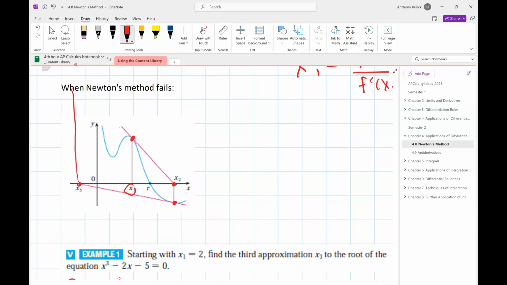Okay. So let's look at doing this process now specifically. We've talked about the formula. We've talked about how the process works. Let's actually do some numeric examples and do this by hand here.